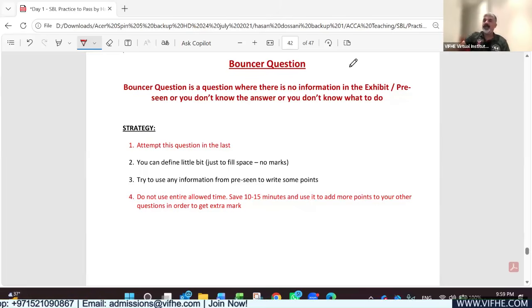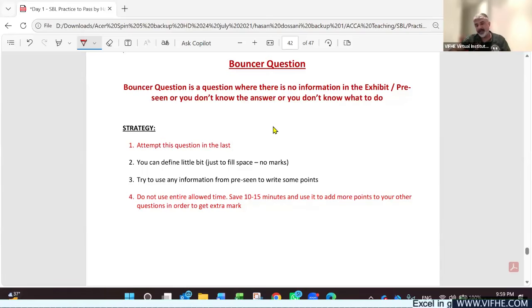Okay? All right. Now, what is an example of a bouncer question? So, number one, there might be no exhibit. When there is no exhibit, then it becomes difficult, right? I know we can use pre-seen, but I don't know how much we can use pre-seen. Maybe there is no information in pre-seen.